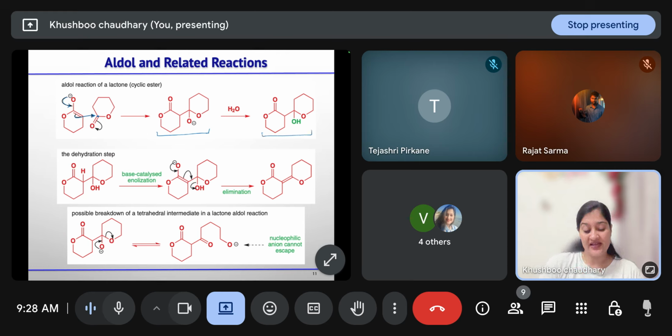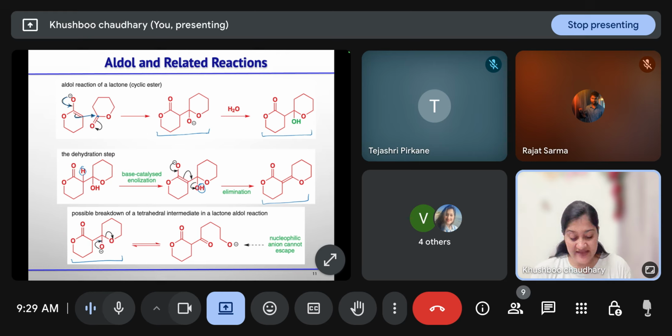Now, if we consider its dehydration step, the base will take the alpha proton, as we saw in the previous cases, and through the E1cB mechanism, elimination will take place. But because more acidic protons are present on the hydroxy group also, the mechanism can proceed this way too: the proton will be abstracted by the base from this hydroxyl group, these electrons will fall, and ring opening will take place.